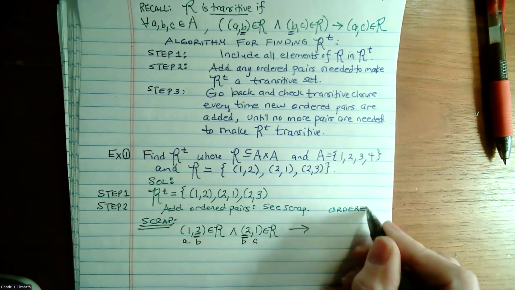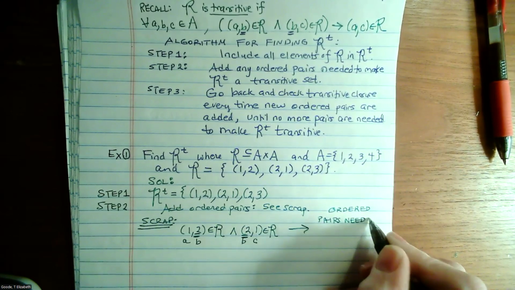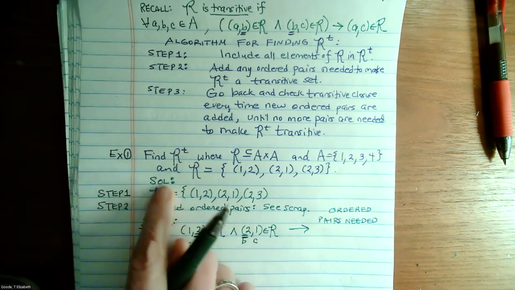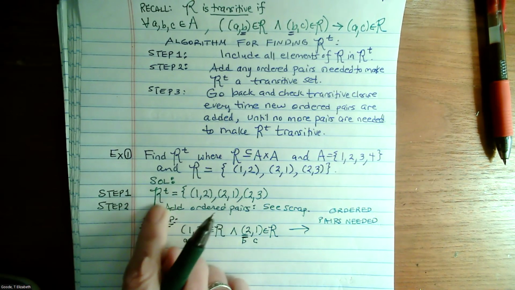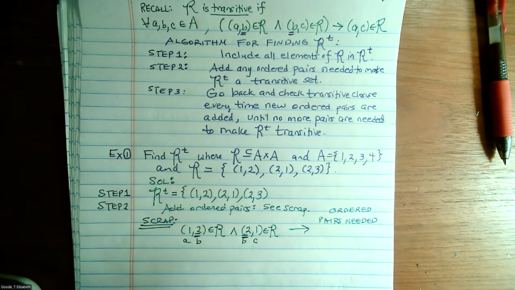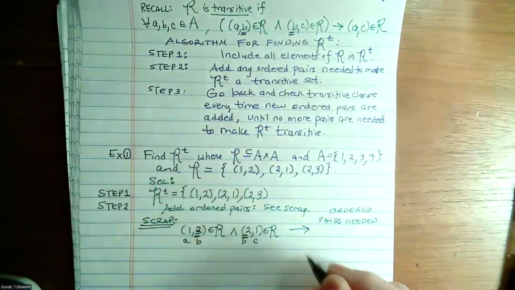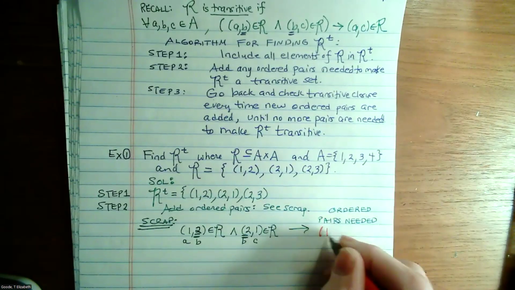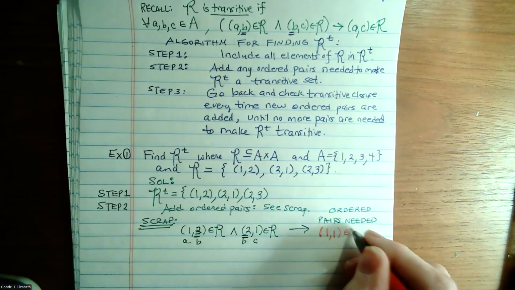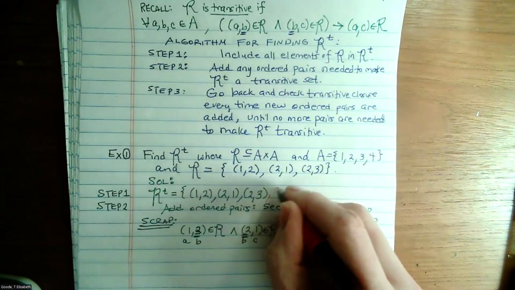We're going to see what we need to add. What ordered pair do we need to add to curly R so that we're building RT correctly? We want to build this out so that it's transitive. (1,1). Yeah, we need (1,1). We need (A,C). So we need (1,1) in our curly RT, right? So let's go up here and let's add (1,1).